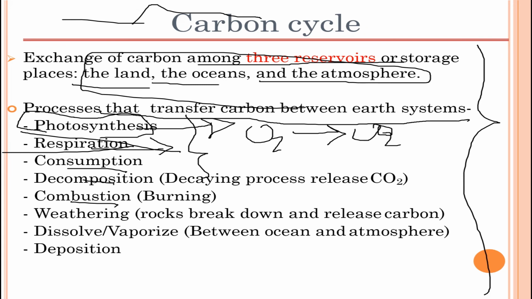This is how the CO2 transfer takes place. Photosynthesis releases O2, and this O2 is taken by humans and animals, and thus they respire CO2. This is how the transfer of carbon takes place.